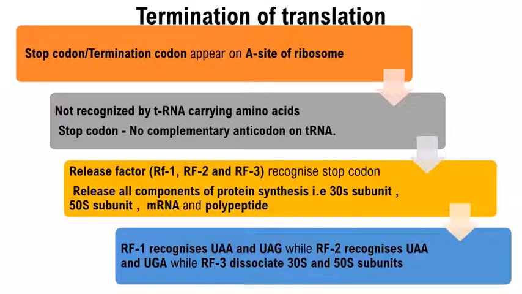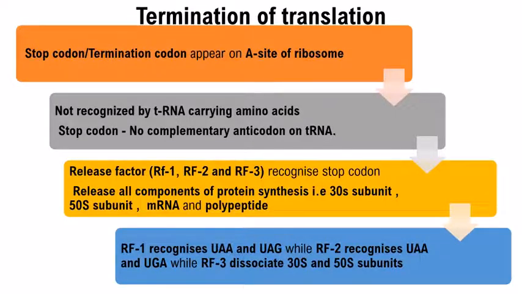If the stop codon appears on the A site, then it is not recognized by any tRNA molecule which is carrying an amino acid. This is because the stop codon does not have anticodons present on a tRNA molecule.